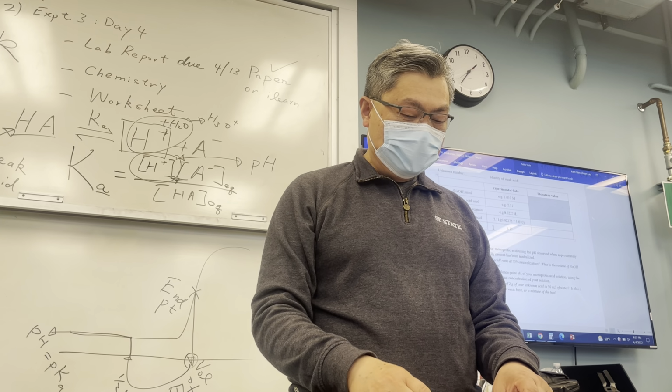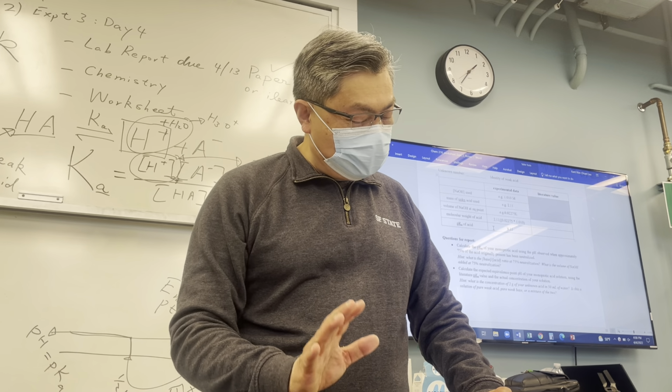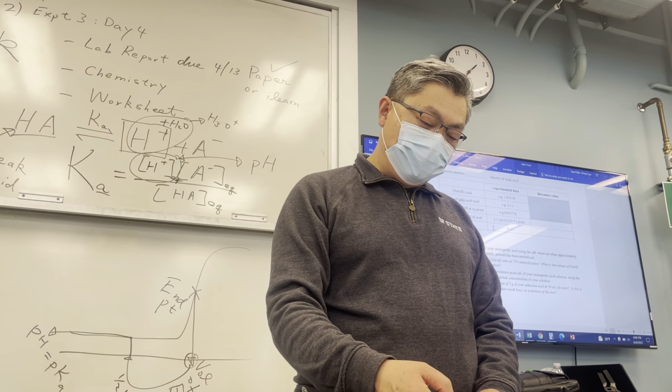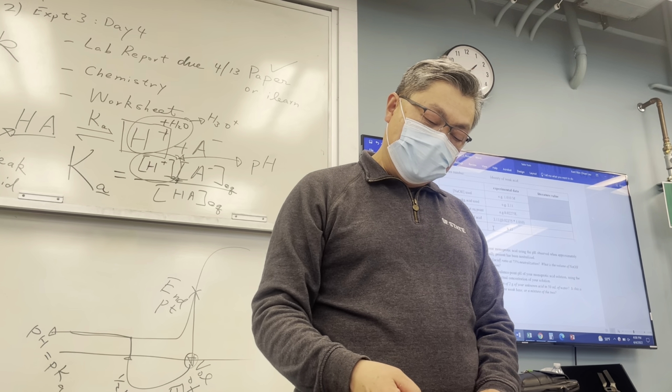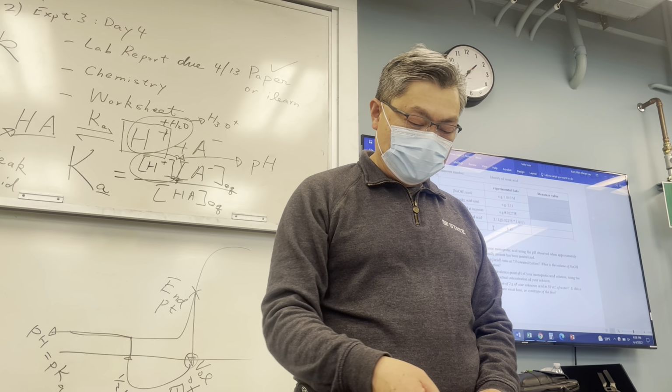I recommend you do a little homework. We provide you the Ka. Then you are going to take the log of each and all of the Ka and multiply by -1 to get the pKa.